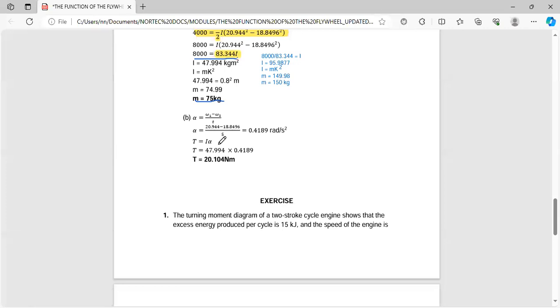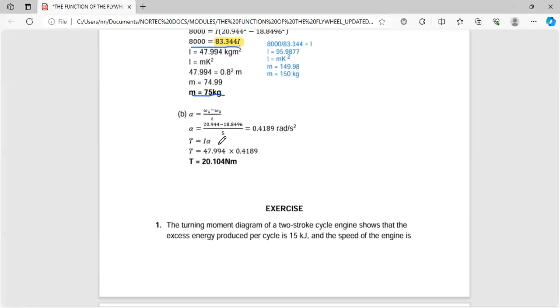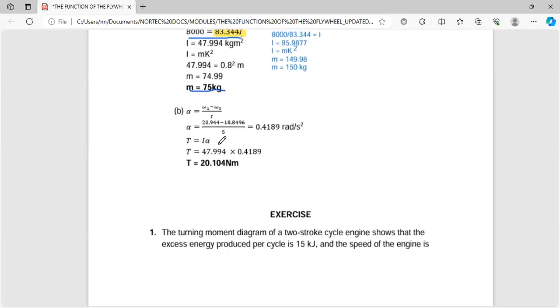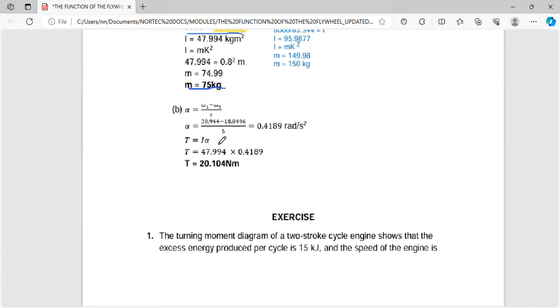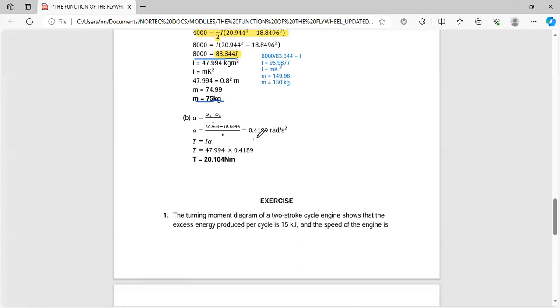Our omega 1 is 20.944. Then we subtract 18.8496, divided by the time, which is 5 seconds. Then we get our answer, 0.4189.